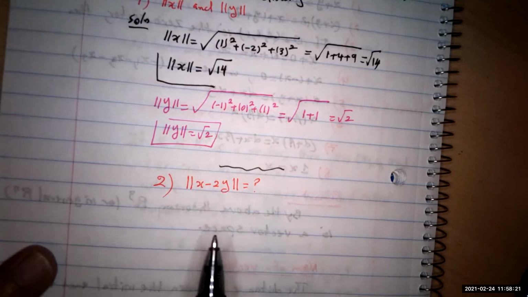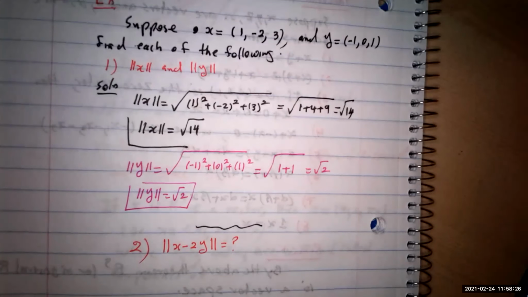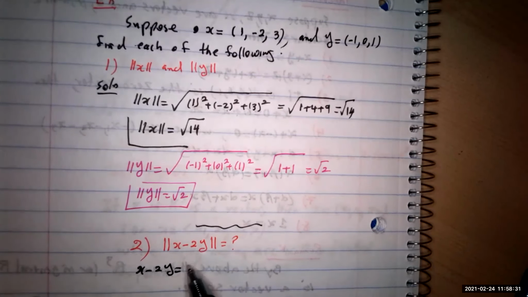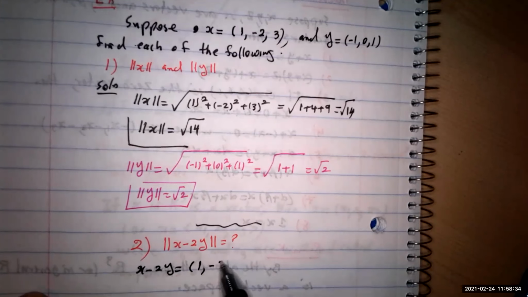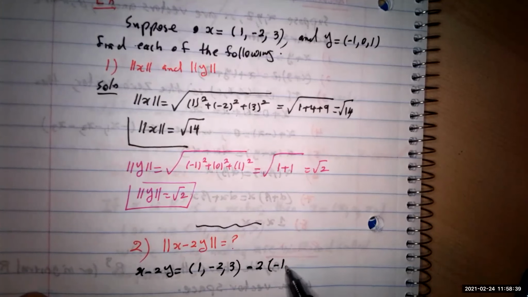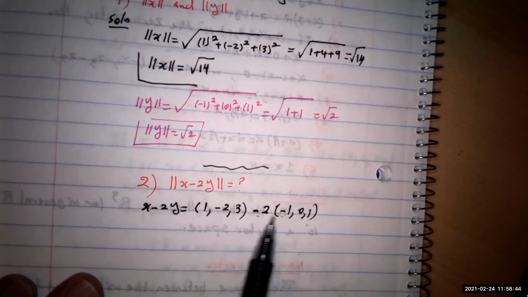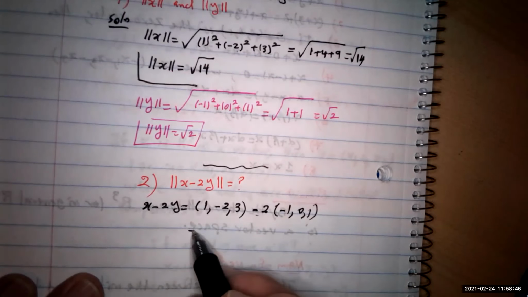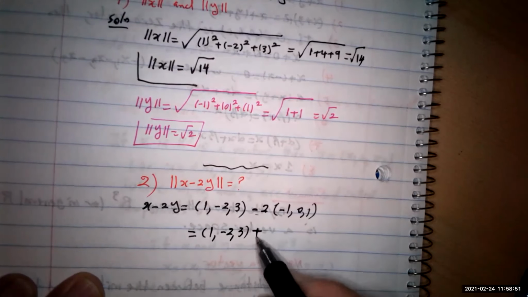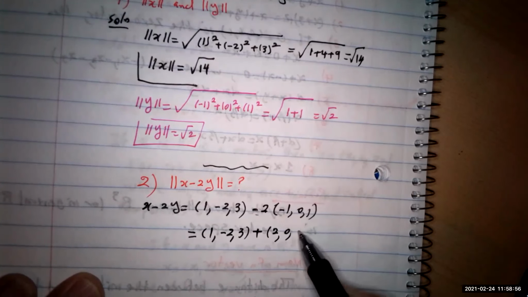Remember, this is x and y. The x is (1, -2, 3). Minus 2y is going to be minus 2 times (-1, 0, 1). We talk about scalar multiplication. You multiply these two first. So it's going to be (1, -2, 3), you can give a positive sign and multiply the -2 inside. So that gives you (2, 0, -2).